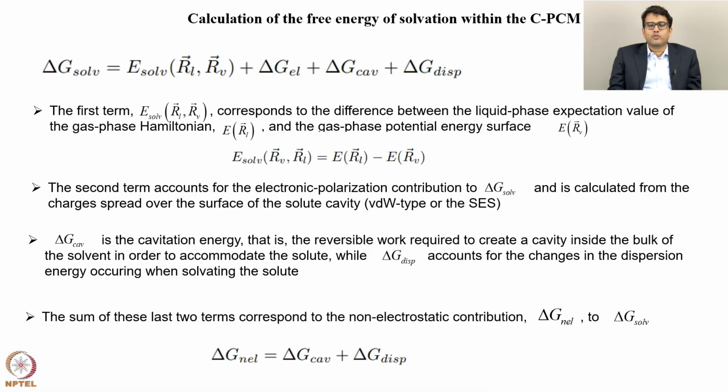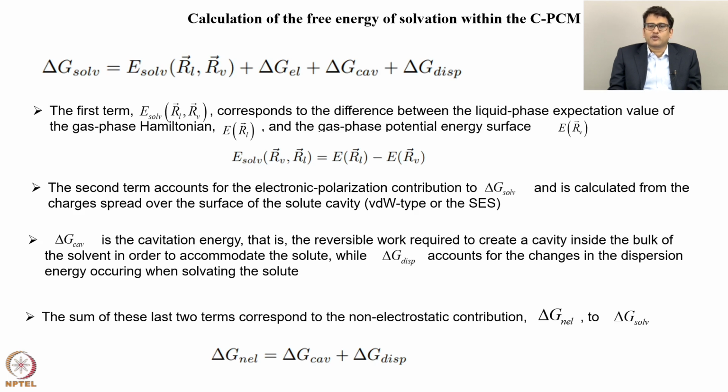So, we have just discussed how the effect of solvation changes the bond length and frequency. Now, if you want to calculate the solvation free energy, the change in the solvation free energy due to the PCM model is written as a combination of 4 terms.